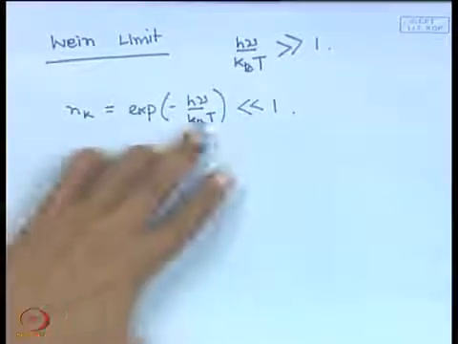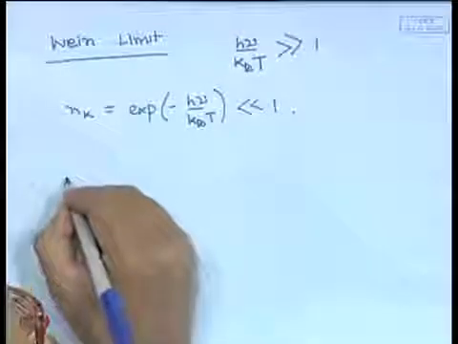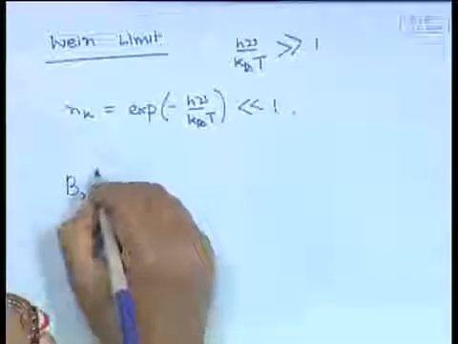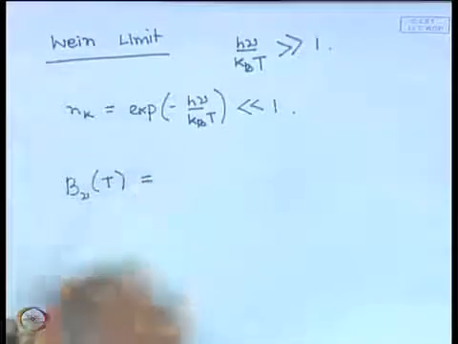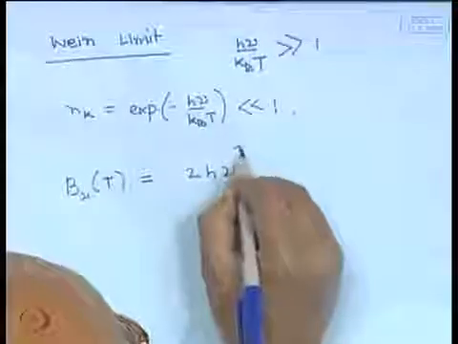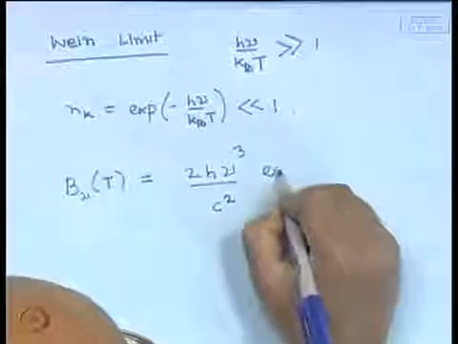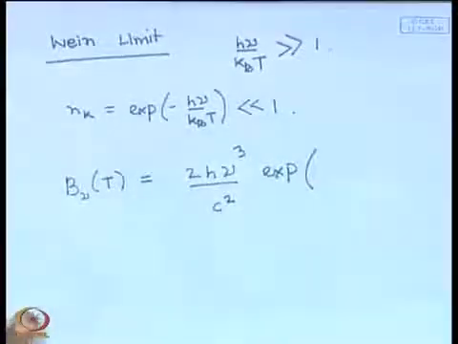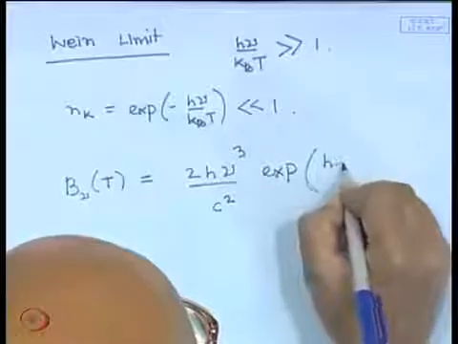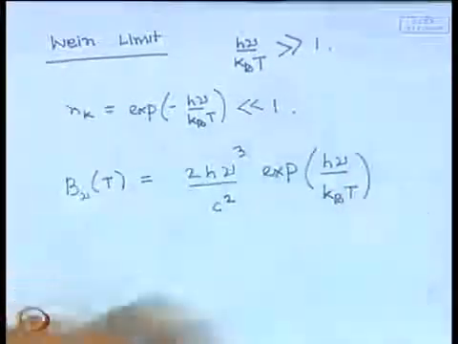And in this regime, the particle nature of the electromagnetic radiation actually starts to manifest itself. It is in this regime. And in this regime, the Planck spectrum now becomes 2h nu cubed by c squared times exponential of minus h nu by kBT.